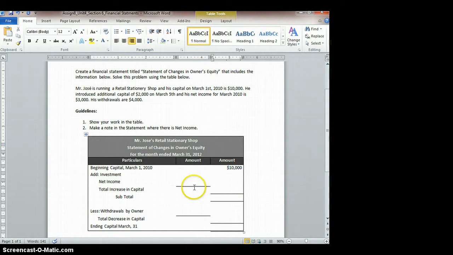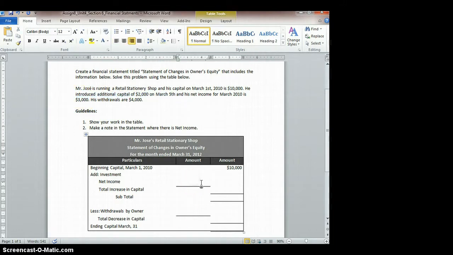With net income and investment, so now we want to add in the increases of our owner's equity. So this says that he introduced additional capital of $2,000 on March 5th.